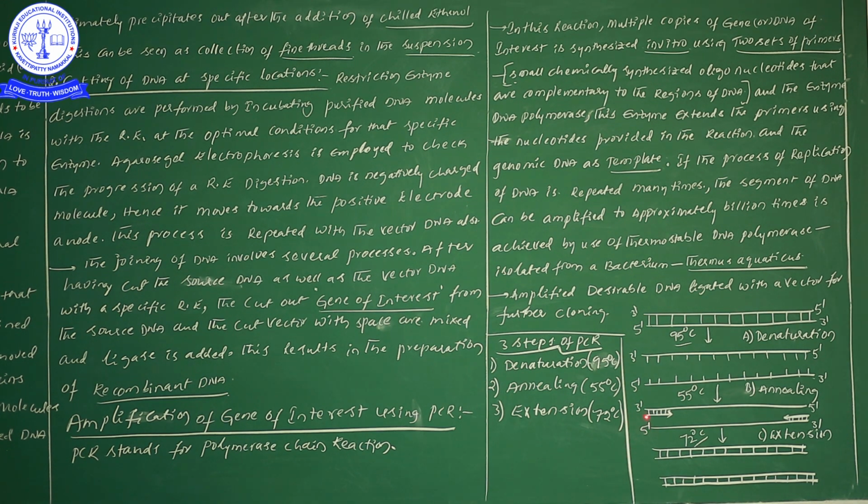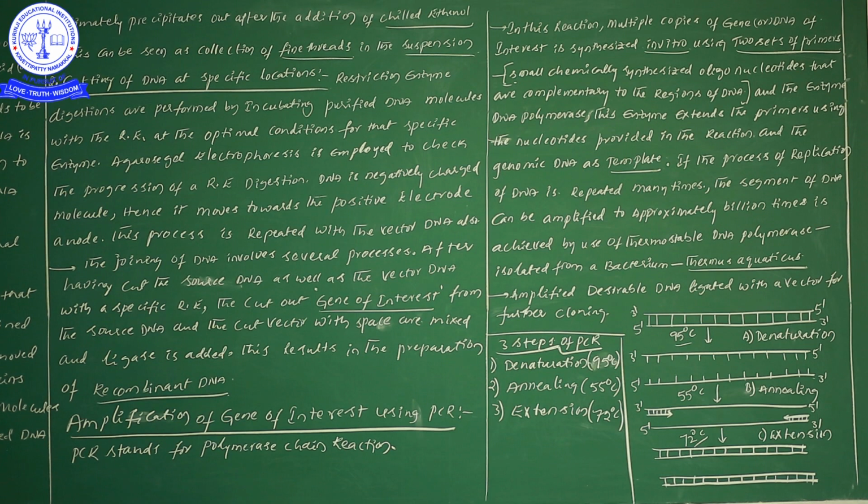Why? Because opposite to the 3' end, the new strand starts with 5', and polymerization definitely takes place from the 5' to 3' direction. That's why we add primers opposite to the 3' of the old strand.